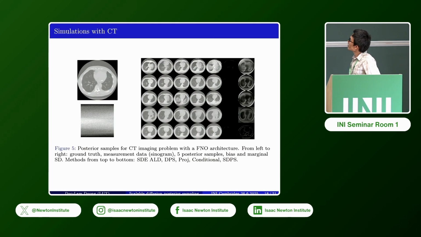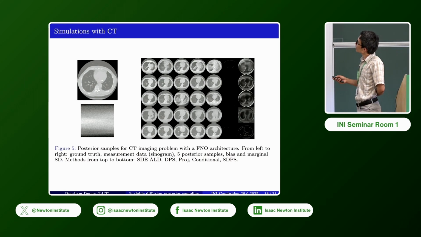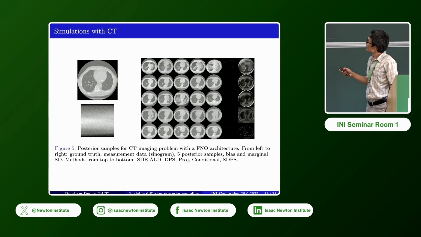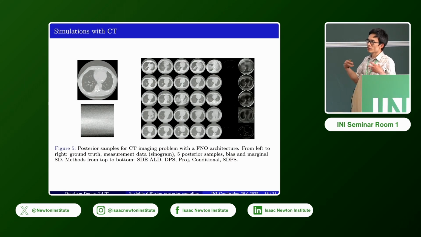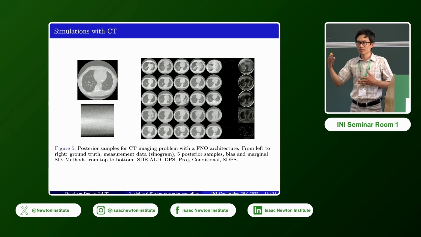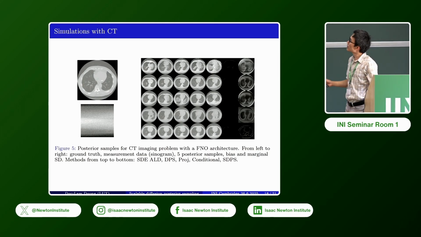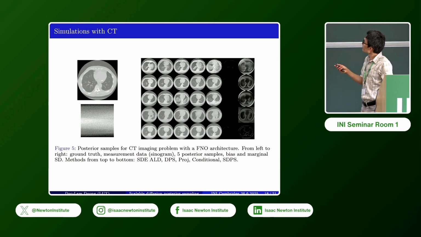Now I will give a couple of examples of how this method works. The first example is the CT example, where you try to recover the inner structure of the body, or more like a slice of the inner organs of the body.